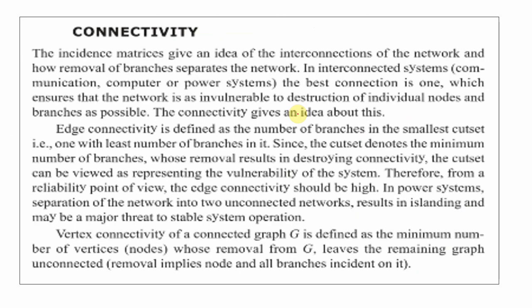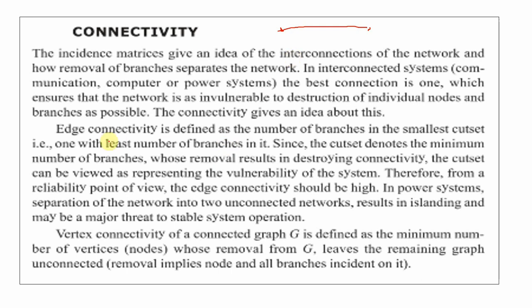Now connectivity. The meaning of connectivity is nothing but, suppose two elements or two nodes are there, and you connect something in between them, that is connectivity. Connectivity plays a very important role in network topology.